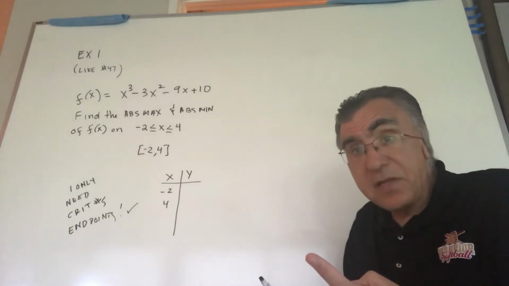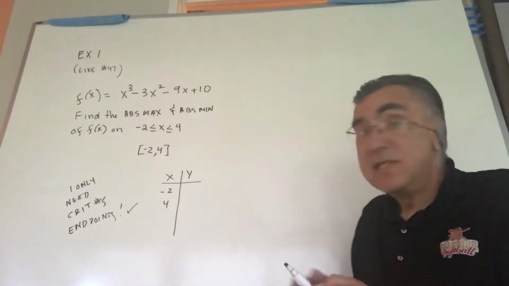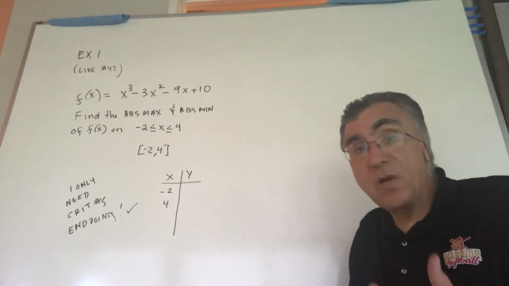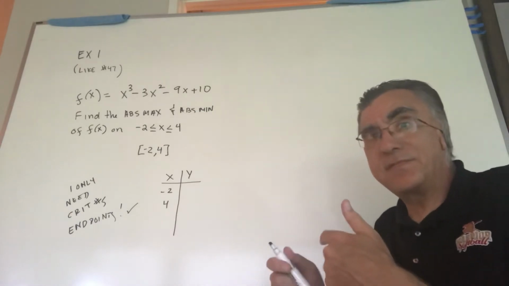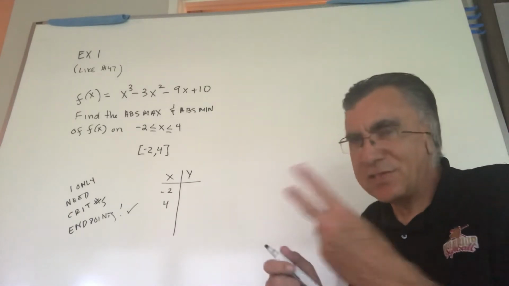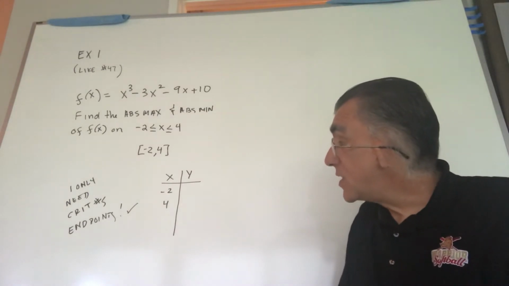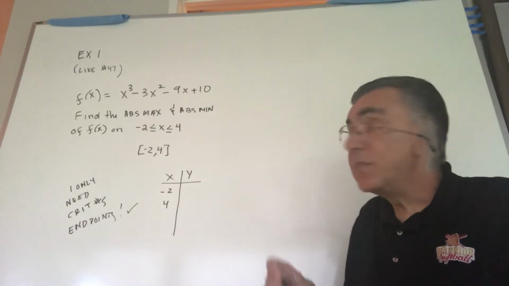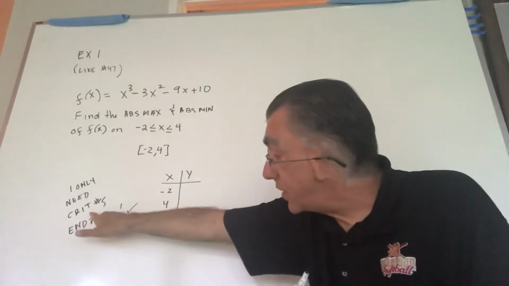First, we need to find the critical numbers, and then once we have our list, the last step is to put all the numbers in. To find the critical numbers, first we have to take the derivative, and then we use that derivative to solve an equation to get the critical numbers. So I know it could be -2 or 4, but then I have to find the critical numbers.